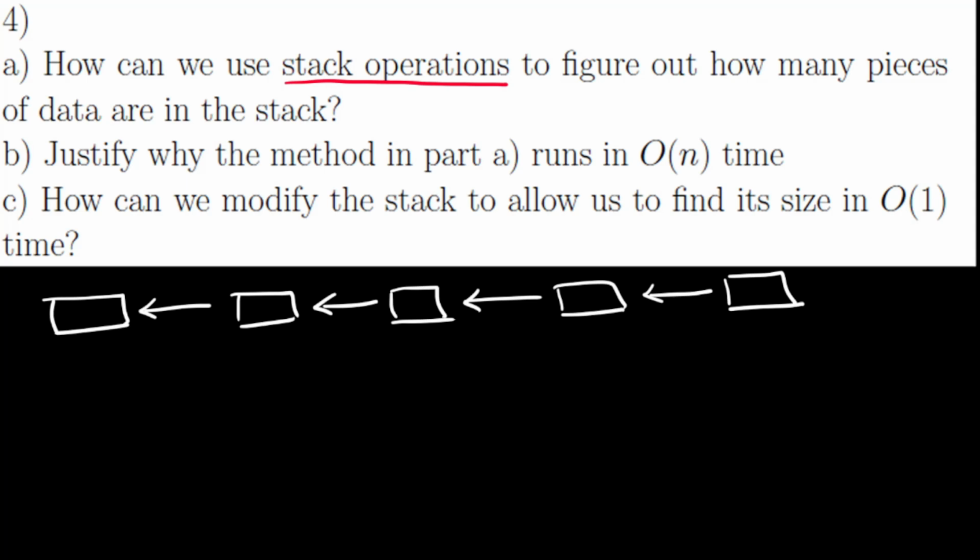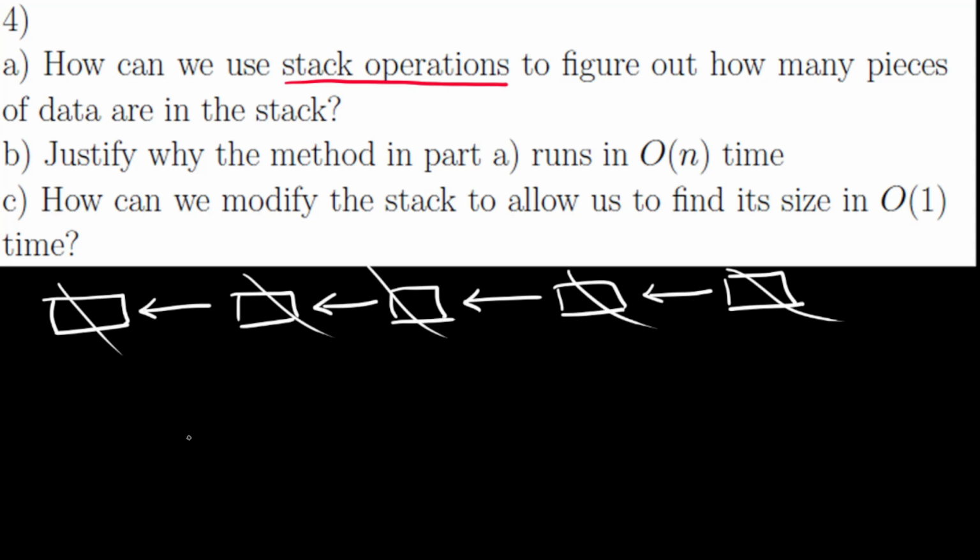It's not helping us. But what we can do is pop, because every time we pop, that's one piece of data that used to be in the stack, right? And so let's say I do this stack here. I could pop and then pop and then pop, and I can do this 5 times before the stack is empty, right?